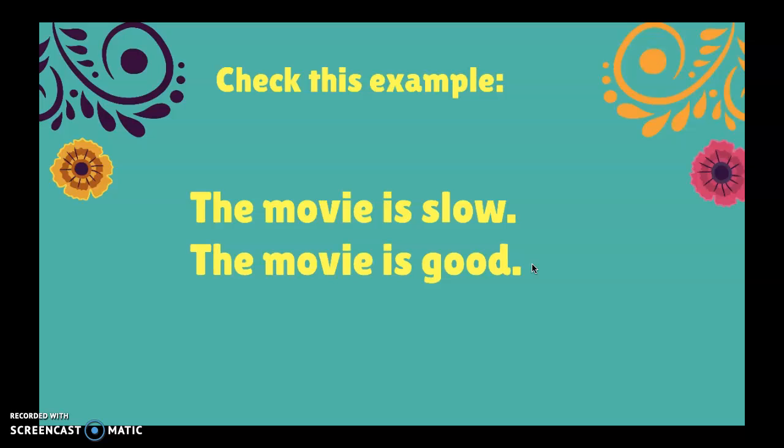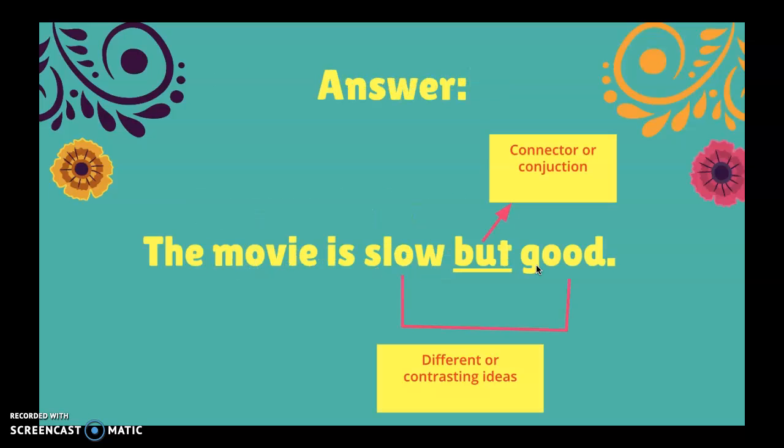We are still talking about the same movie. How are we going to connect them? Is there any opposing or contrasting or different ideas here? You're right, slow and good, but we're talking about the same movie. How are we going to connect? You're right. The movie is slow but good. Okay? Two opposing ideas, slow but good.